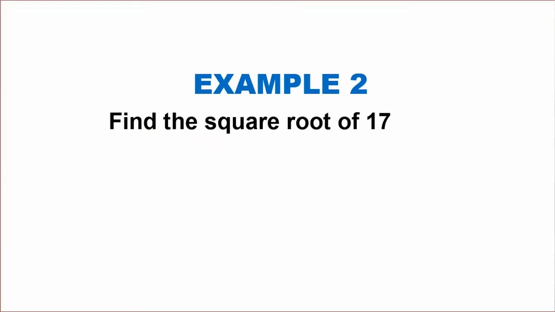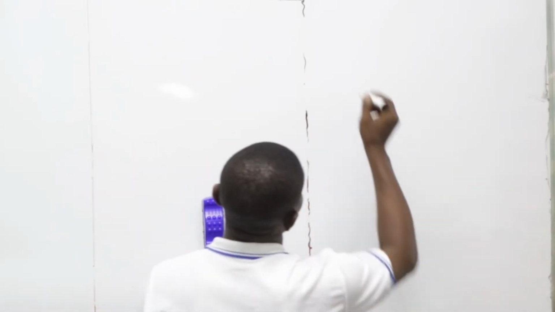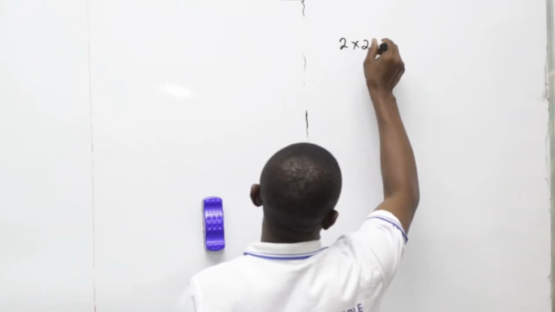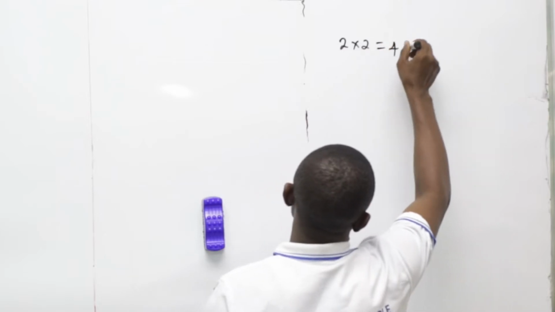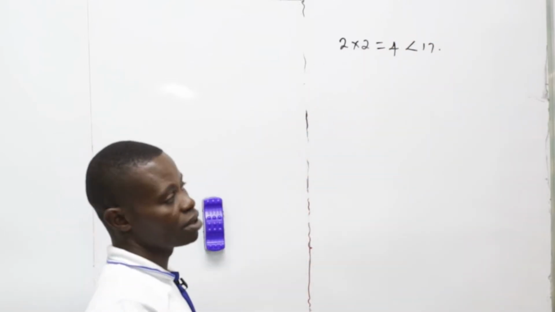Let us check and see. Remember the rule. You must use two uniform numbers by multiplication. Now, 2 times 2 equals 4. It's less than 17. So we say no to it.